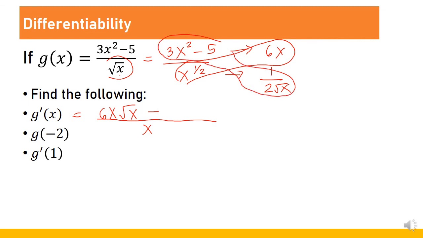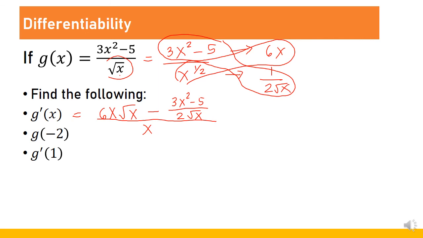Okay? So, that will be 3x squared minus 5 over 2 square root of x. Notice that you have a denominator here. Actually, this can also go to the denominator if we make similar fractions. Okay, we can further simplify this, right?